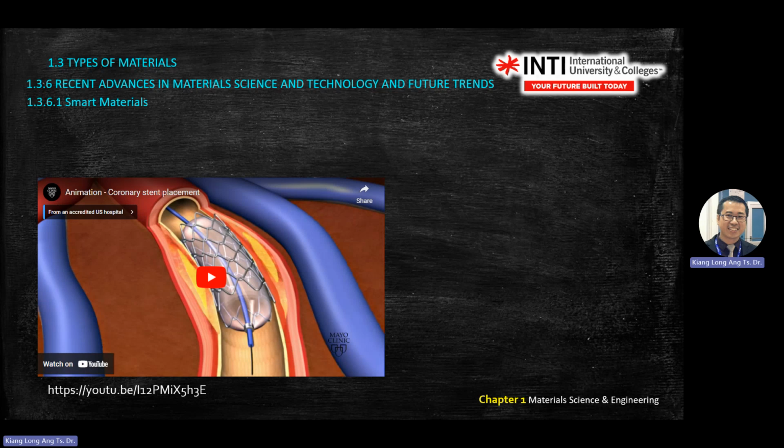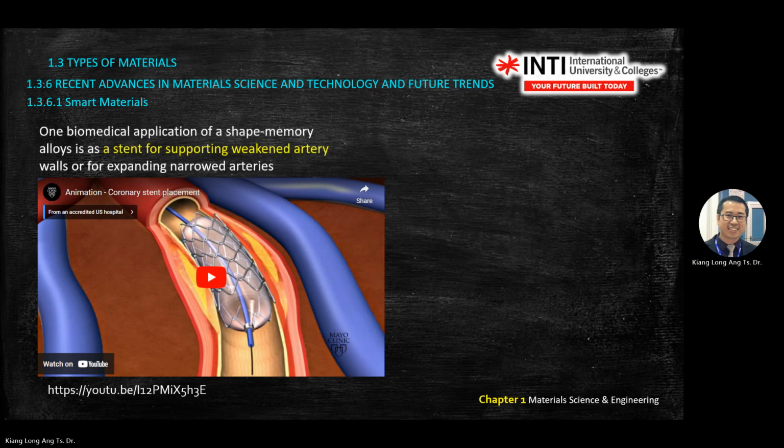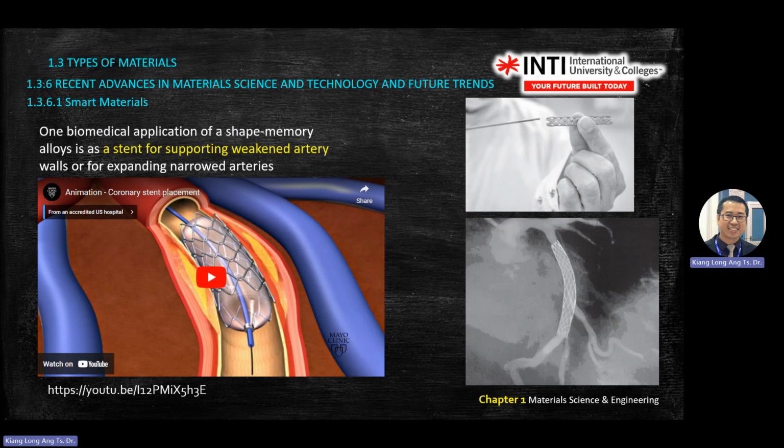If you're good in engineering materials, there's a future for you lah. Fuel cell or the battery pack for EV cars is also part of the engineering materials discipline. Okay, so these are the technologies that we have.